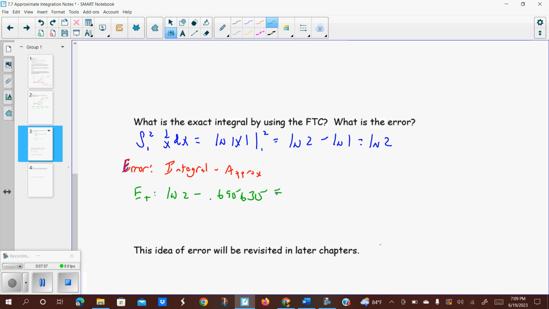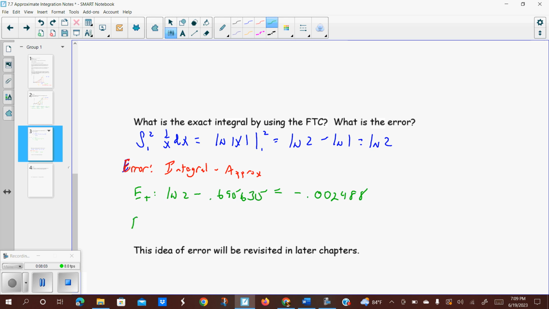And whatever that value is, is the error. And that error ends up being negative 0.002488 or so. That looks like it's pretty close, right? We're within a couple of thousandths, few thousandths, something like that.